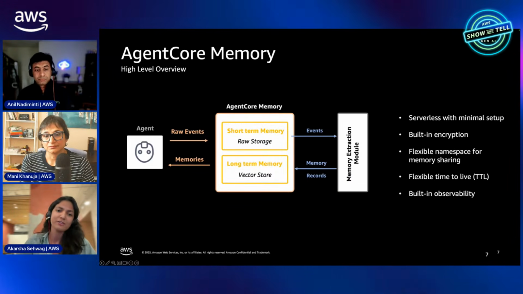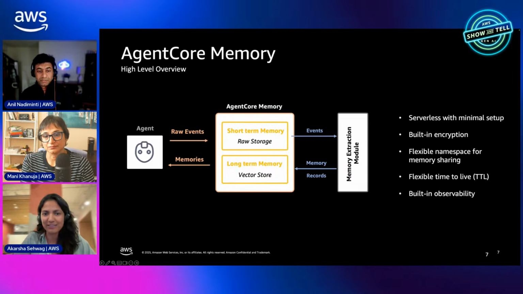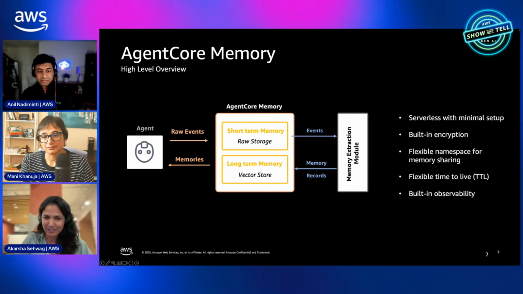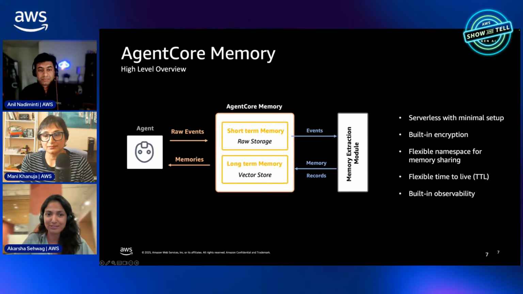We also have flexible time to live settings, so you can define everything and it's all in your control. And of course, there's logging, so that you can observe everything that's happening behind the scenes.